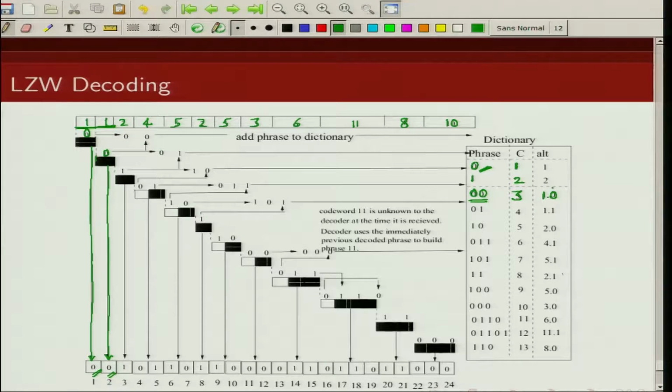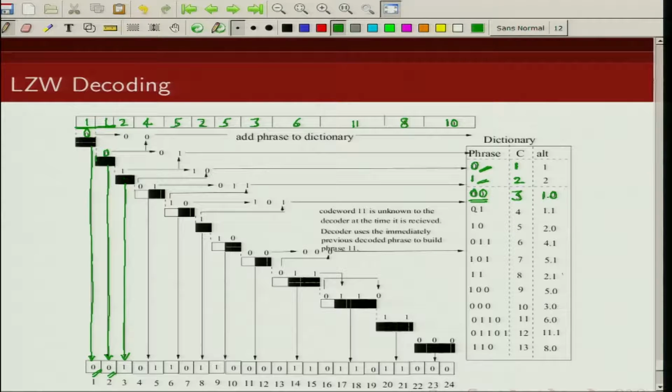Okay. Next I receive 2. So 2 corresponds to bit 1. So then this will be decoded as bit 1. And what's the next thing I need to do? I need to add 0 1 into my dictionary. So the old phrase was 0, the innovation symbol was 1.